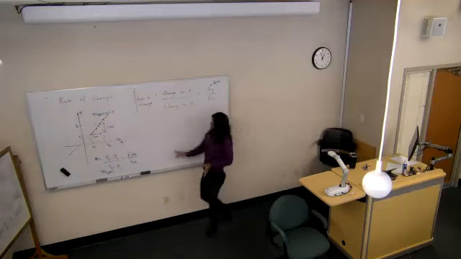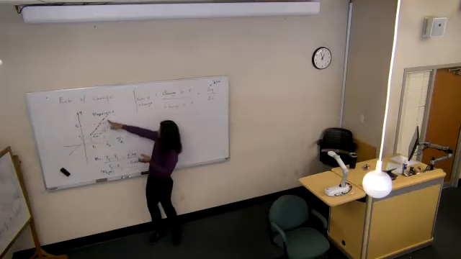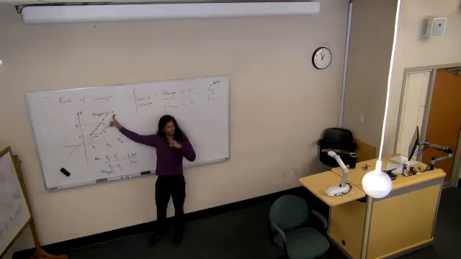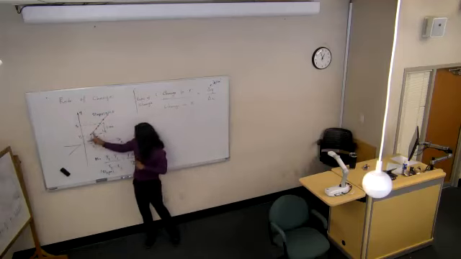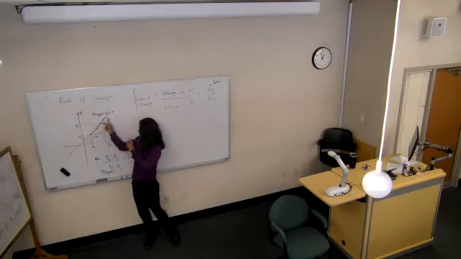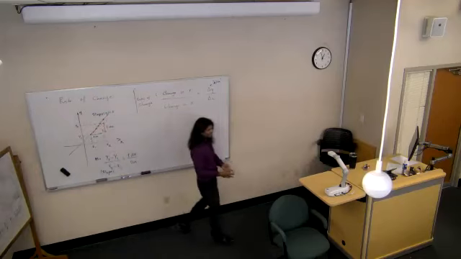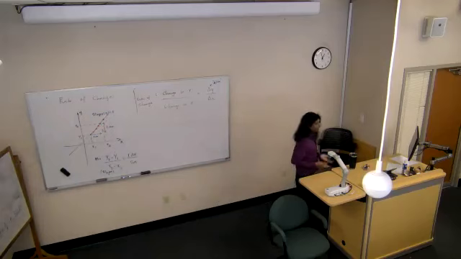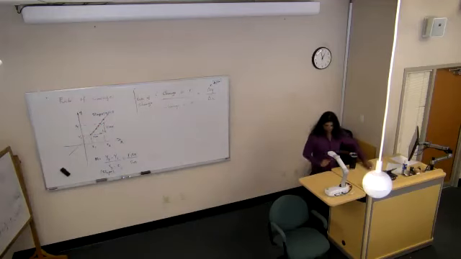But by all means, it is the average of all those slopes. Agreed? 2 plus 2 plus 2 plus 2 plus 2, five 2's added together, take the average, you end up getting 2. Average rate of change. Okay.